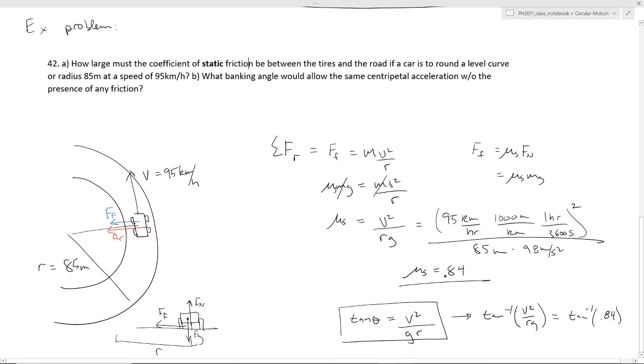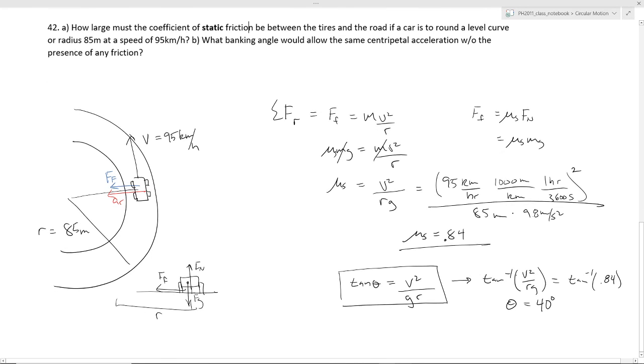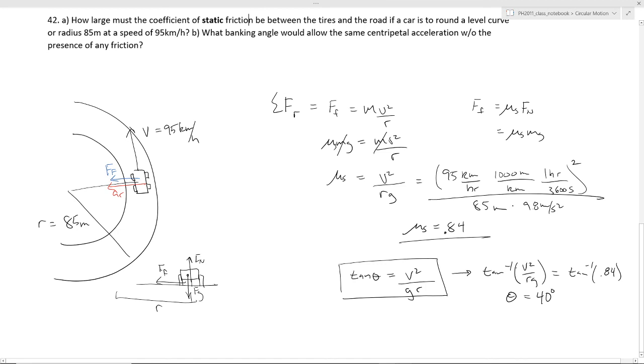And when we do that, we find that theta would equal 40 degrees. So this would be the banking angle that would provide the same effective centripetal acceleration.